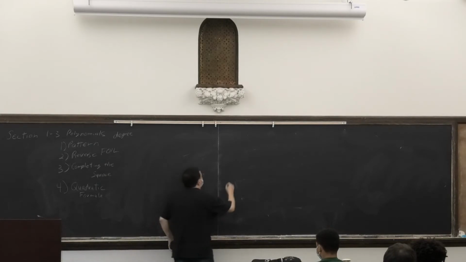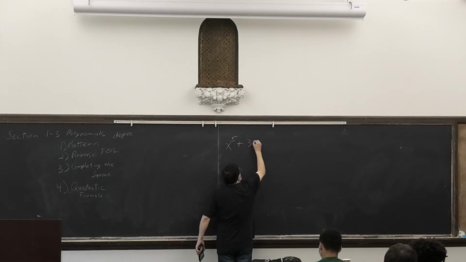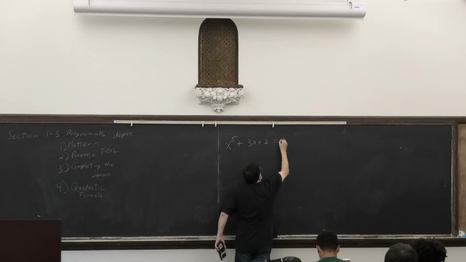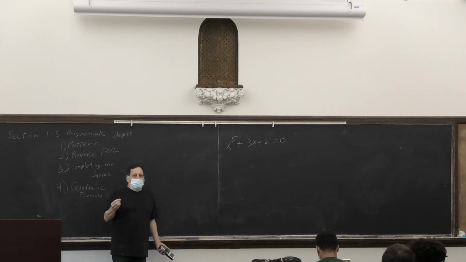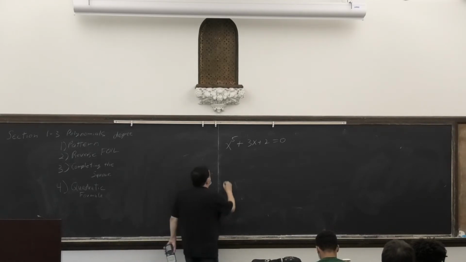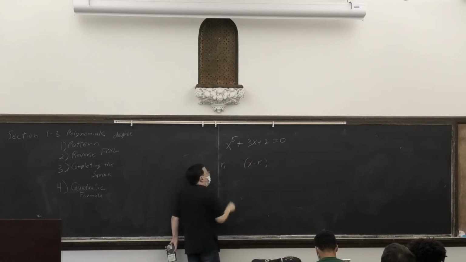So if you had some polynomial, make something up, and you plug it into the calculator, and it gives you some value, we'll call it R1. And you know x minus R1 is one of the factors here.